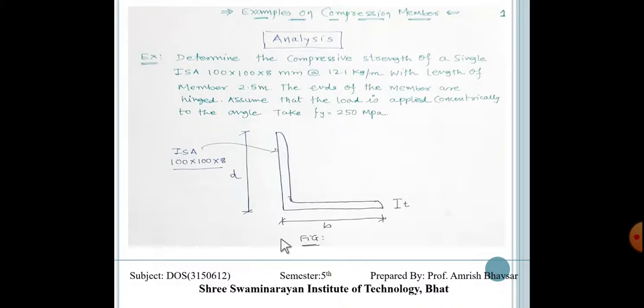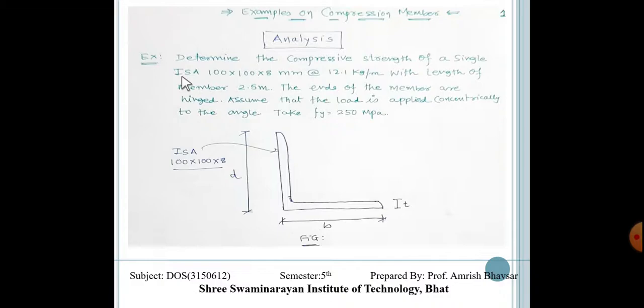That is called analysis. But whenever we are going to design any compression member, first we have to select the member. This is the major difference between analysis and design of compression member. So first we have to understand about the analysis, right?